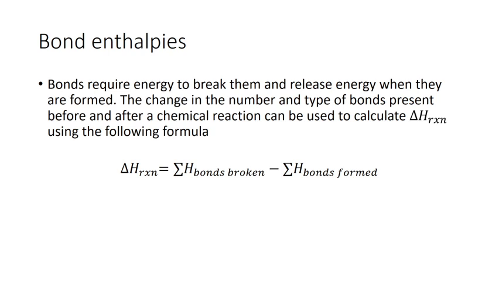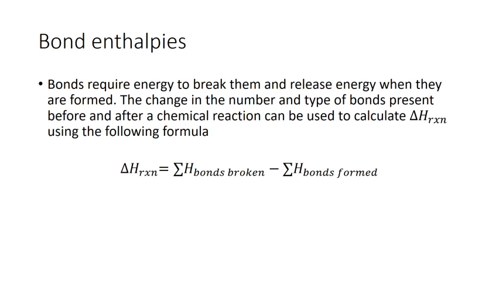Okay, the last thing that we're going to talk about here and do some math with is bond enthalpies. What bond enthalpies are, this is the energy that is required to break or make bonds. And so bonds require energy to break them and release energy when they are formed. So the change in the number and type of bonds present before and after a chemical reaction can be used to calculate the enthalpy of reaction using the following formula.